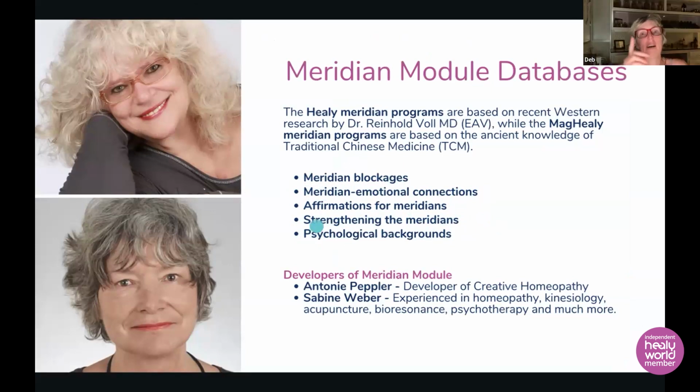When we look at strengthening the Meridians, these are the practices it gives you specific for that point: to strengthen this Meridian, do this exercise. So it actually chooses based on the blockage in the field, based on the energy and what it needs. It chooses a specific database in order to balance it.